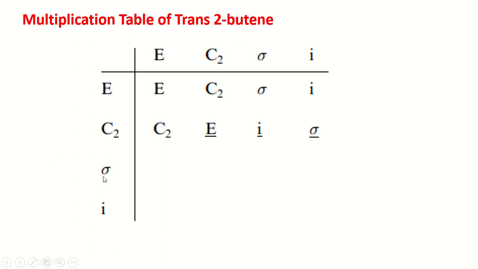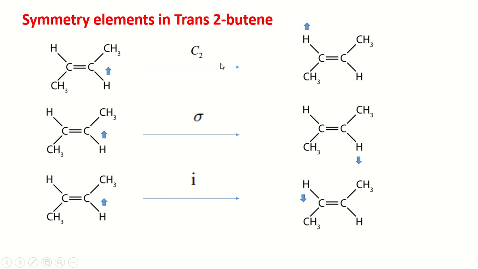What happens if sigma is applied to trans-2-butene, and then C2? Let's go over there. We need to apply sigma first. If we apply sigma, the result would be like this. After applying sigma, we apply the C2 rotation.